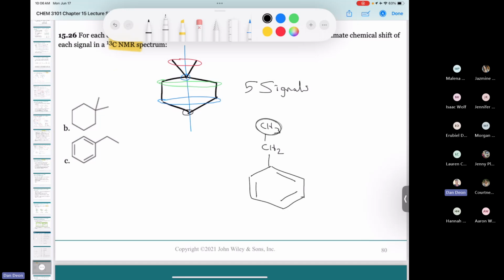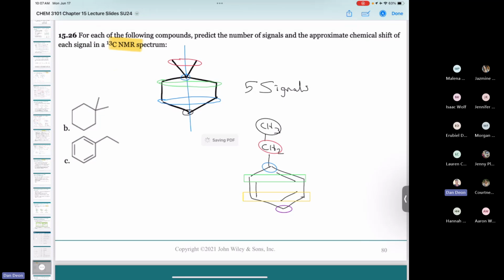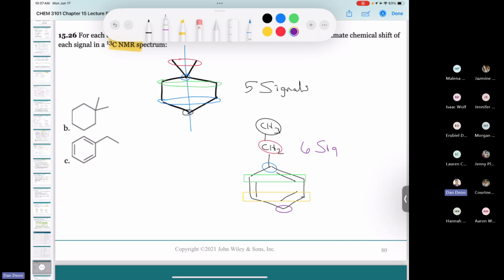You'd see 1, 2, 3, 4 for these, then 5 for these here, and then 1 here. That's a total of 6. Great. Awesome work, you guys. Not an easy question. So 6 signals.